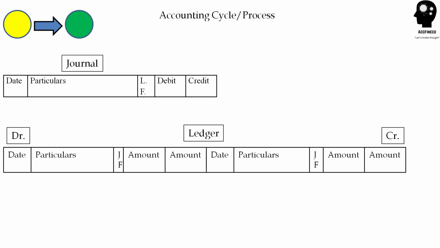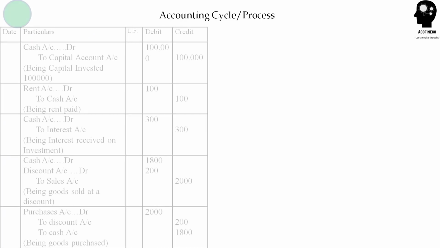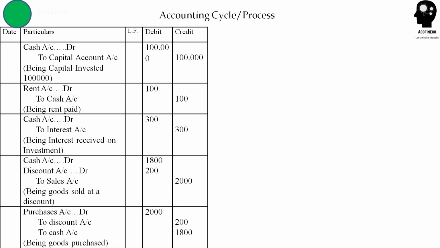If you see the journal and the ledger side by side, you will see LF and JF. In these columns, every transaction is given a number or a code which helps identify it in the future. From journal entries, we will make ledgers of all accounts mentioned. Ledgers are also called T format.